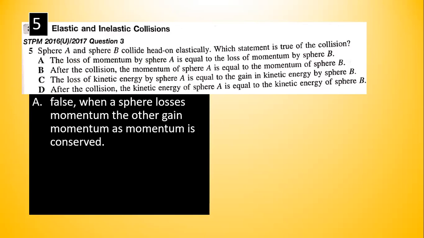Cannot both lose. One loses, the other must gain. That's why it's conserved. Momentum doesn't disappear. After the collision, momentum of sphere A is equal to momentum of sphere B? No, one of them has to lose, one has to gain.